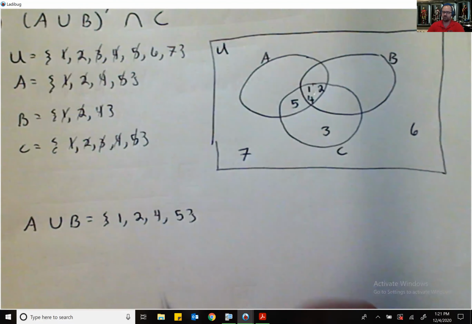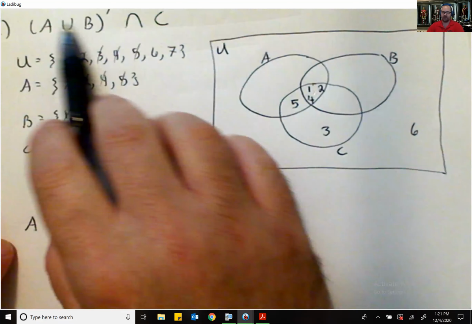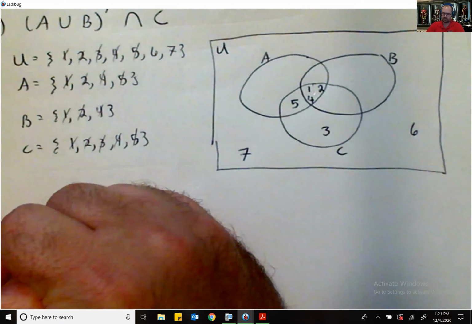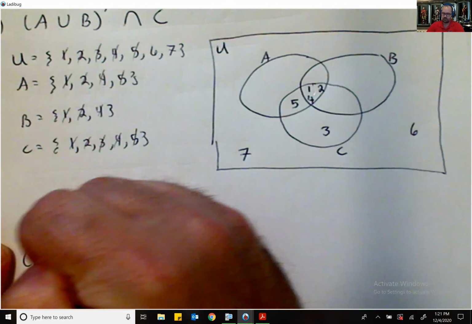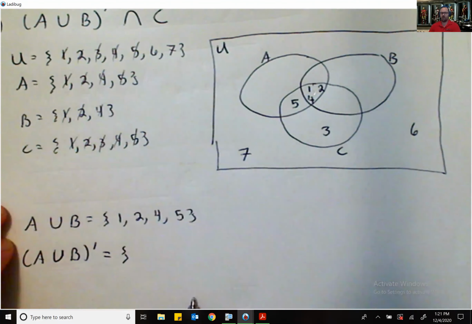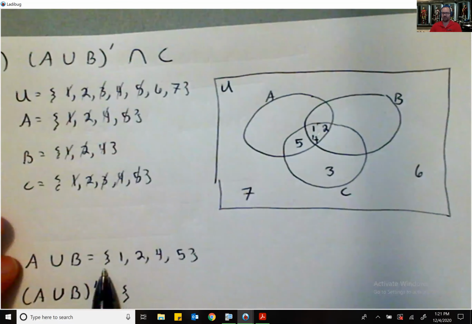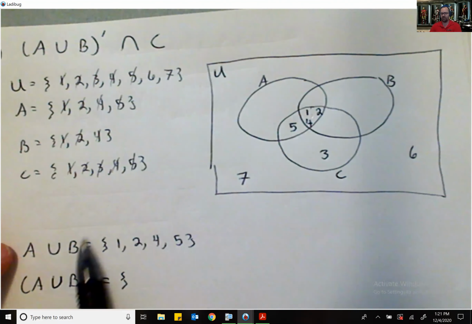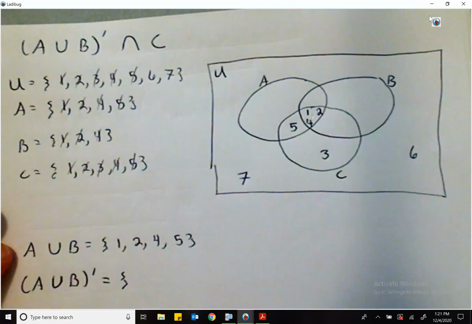Okay. So now we move to the outside. We're going to take care of that complement just like what we did before. Complement, you said, is everybody not in here. So what numbers are not in that set? 3, 6, and 7.